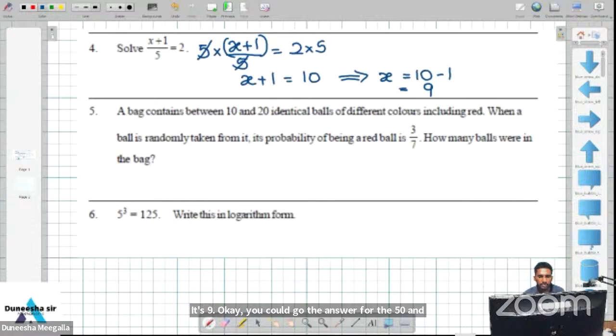There is a probability question. A bag contains between 10 and 20 identical balls of different colors including red. When a ball is randomly taken from it, the probability of being a red ball is 3/7.